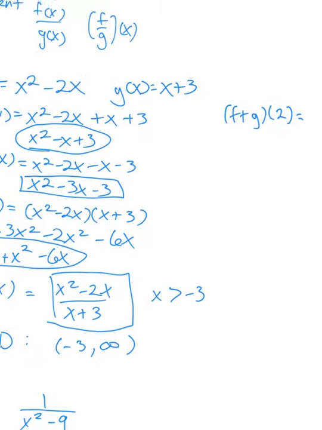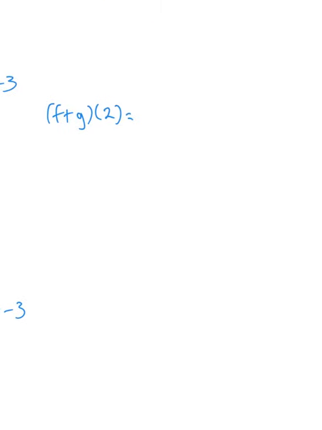So x squared minus x plus 3. Then we're just going to put in 2 wherever there is an x. So this becomes 2 squared minus 2 plus 3. So 4 minus 2 plus 3, which gives us 5. So our answer would be 5.